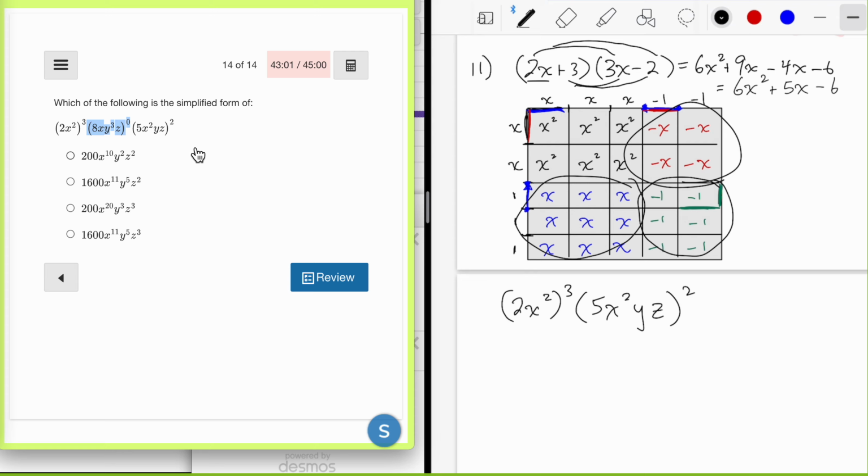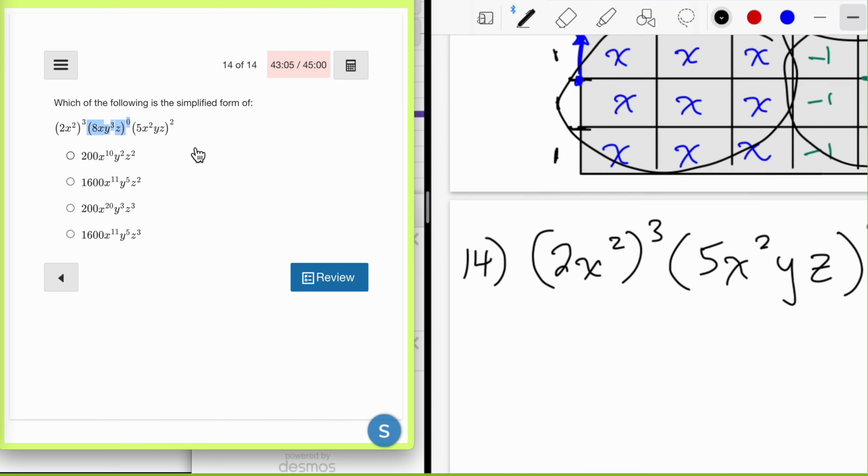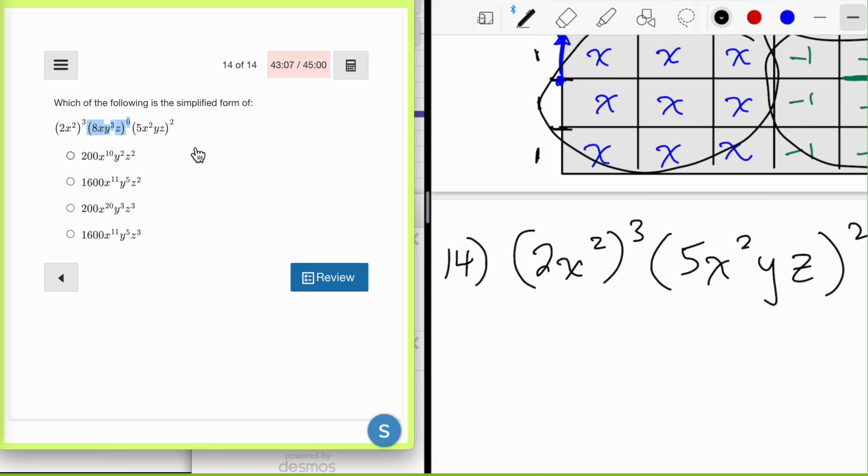When you're dealing with these monomials, my recommendation: even if you're comfortable, go through and just jazz it up with all the coefficients and the exponents, just so you don't miss something. 2 to the third gives you an 8.